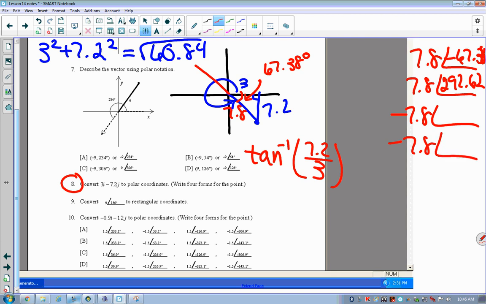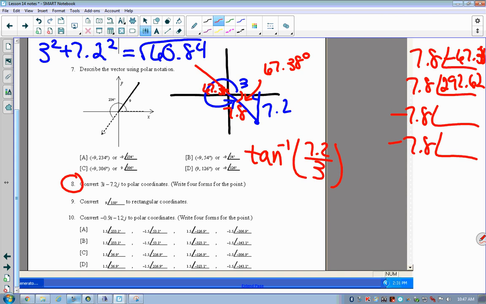Well, we know that vertical angles are congruent, so this is 67.38 as well. So it is 67.38 from being 180 degrees, right? So I can take 180 minus 67.38.